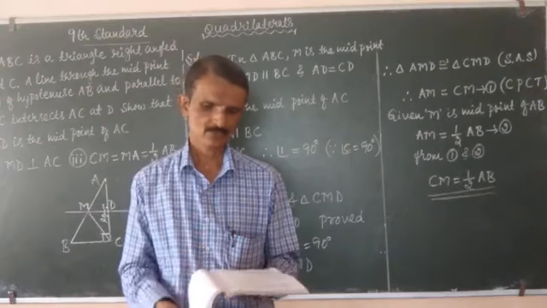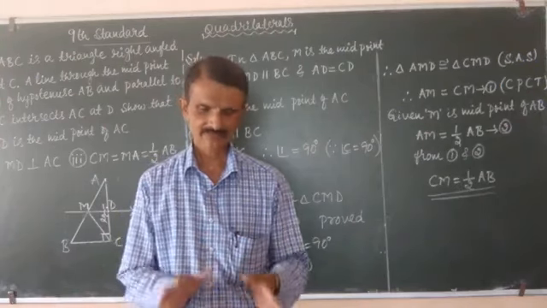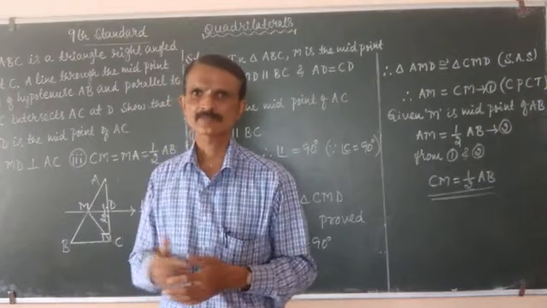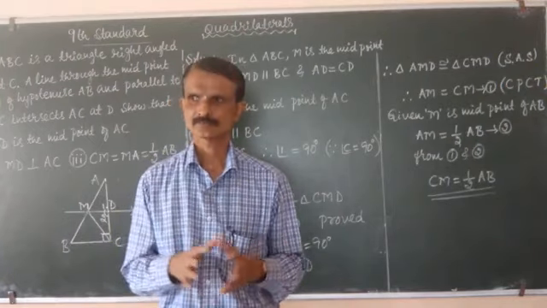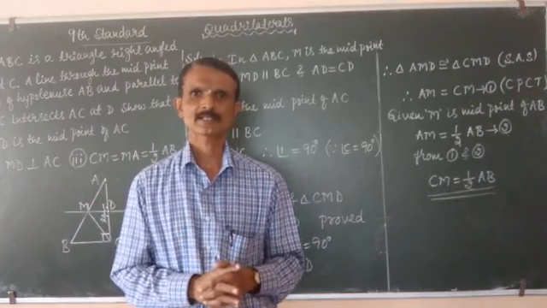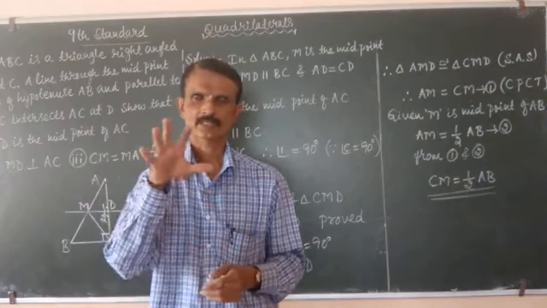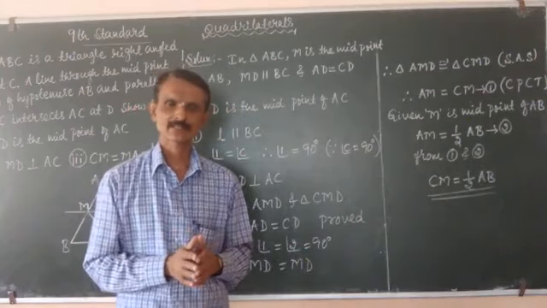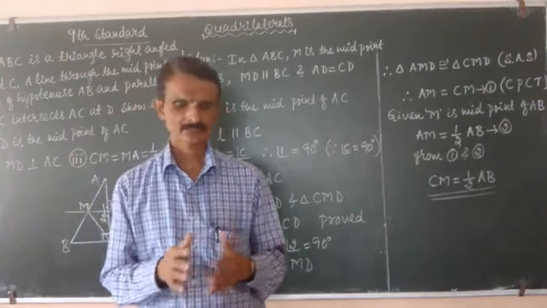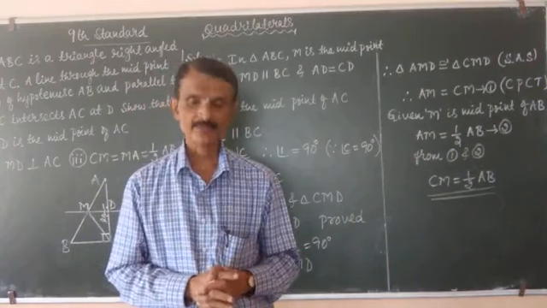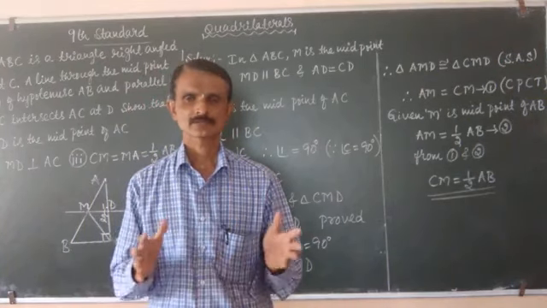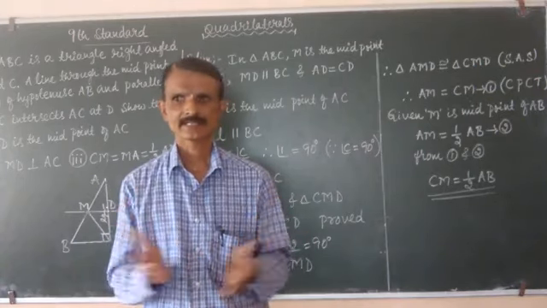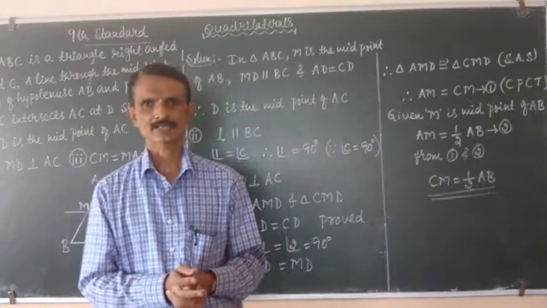Try to simplify those problems by using the video lessons given in the chapter quadrilaterals, and the ideas I have given. This completes your chapter quadrilaterals. We will see in the next lesson, the next class.